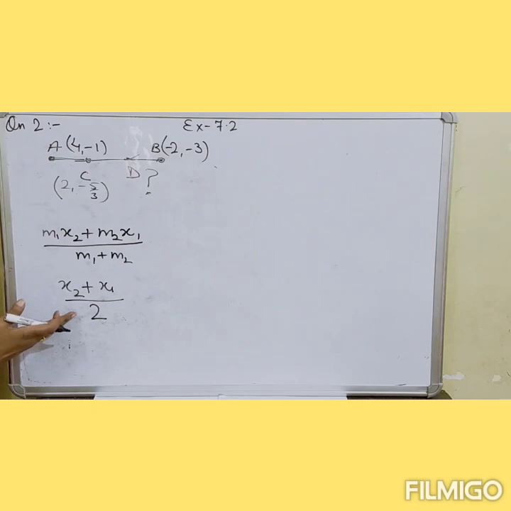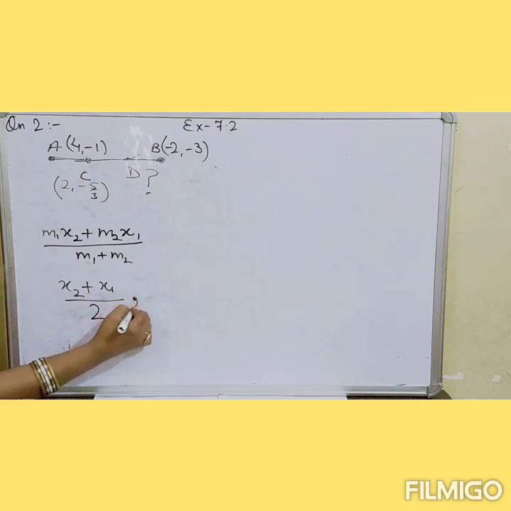So this is a special case of the section formula whenever the ratio is 1 is to 1, or you can say whenever the point is the midpoint, you can apply this formula. You need not apply the whole thing with m1 and m2, because in the end the formula converts into this form, so you can apply it directly. This is also known as the midpoint formula.